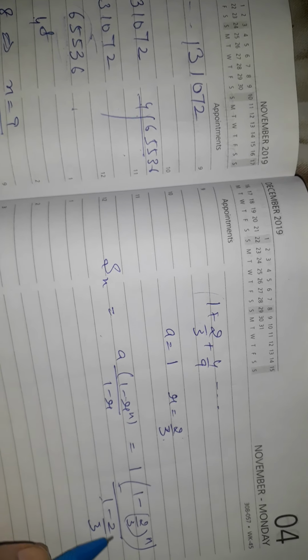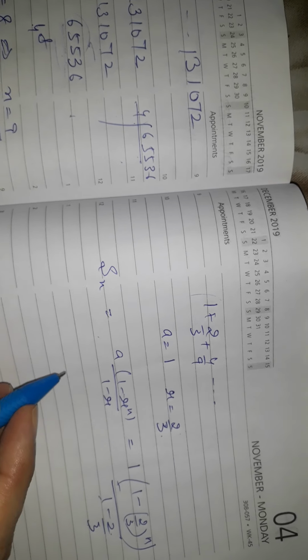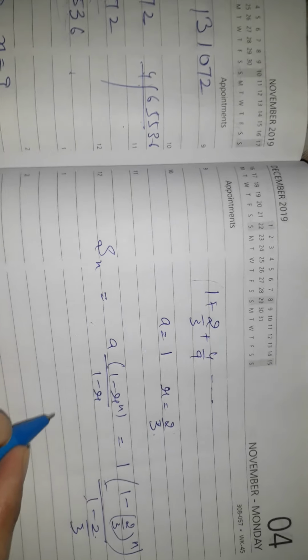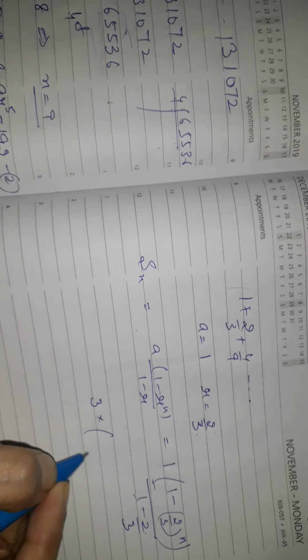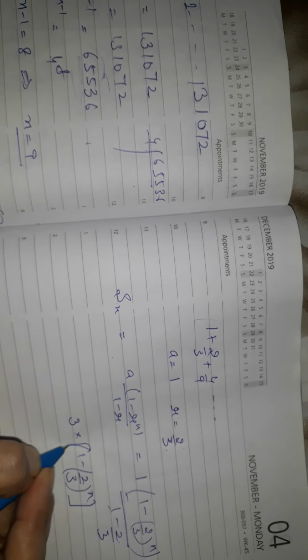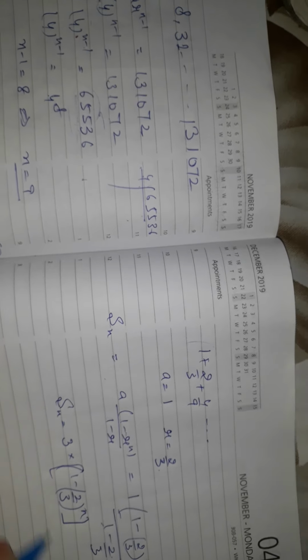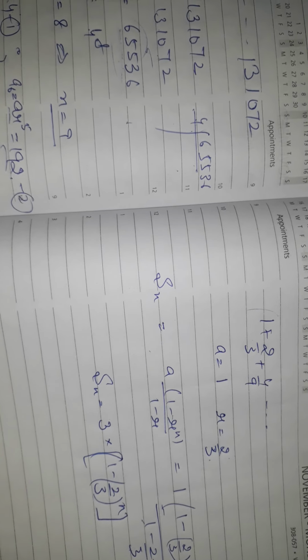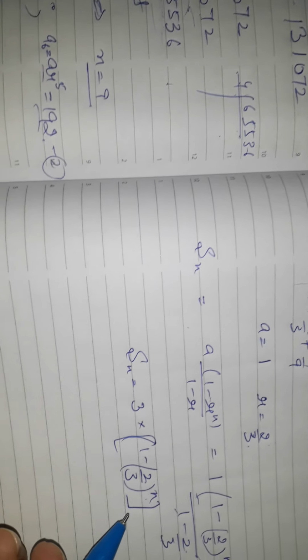So this is 3 minus 2, 1 upon 3, and 1 upon 3 inverted is 3, so it will be 3 into 1 minus 2 upon 3 raised to power n. This is your Sn. Sn cannot be solved further, because only this much is given, and n is given, so I can't solve it further.